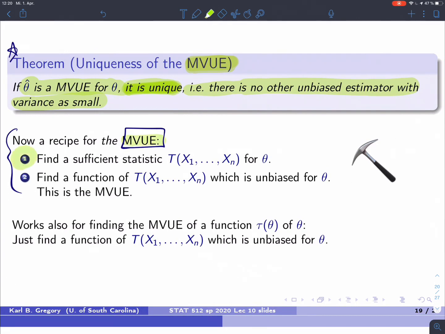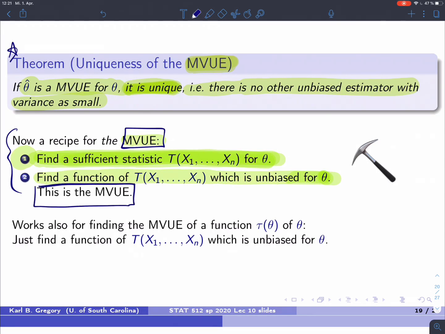Step 1 is we just need to identify a sufficient statistic for theta. Having found it, since the Rao-Blackwell theorem tells us that the minimum variance unbiased estimator is going to be a function of a sufficient statistic, we just find a function of that statistic which is unbiased for theta. If we can find that, then it's the minimum variance unbiased estimator, and we're done.